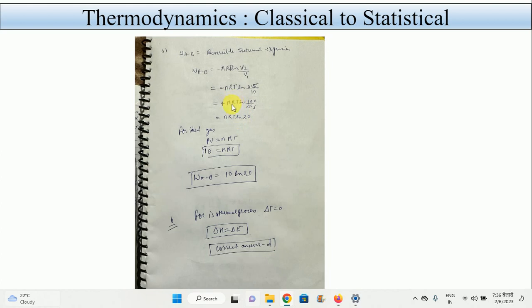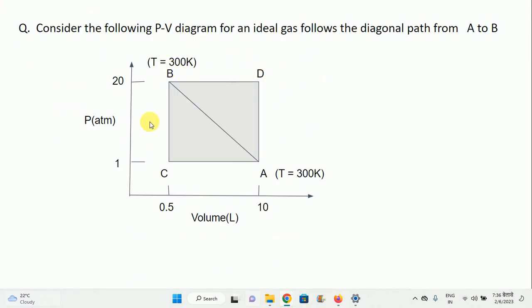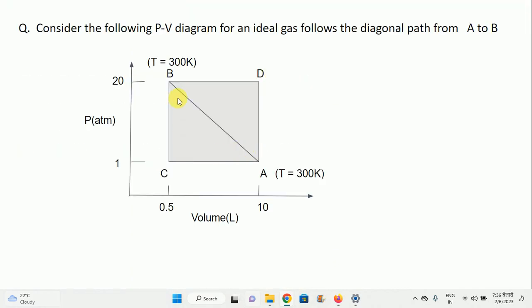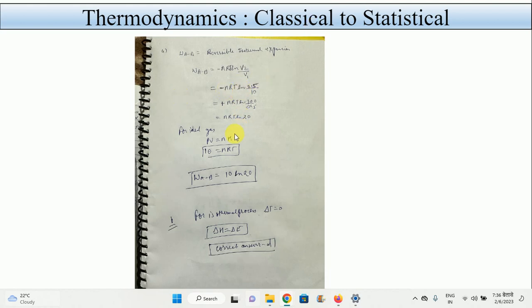We are doing this because they do not give any value of n, number of moles. So we do not know n, so we have to convert this nRT into some known quantity. That is why I am converting it into PV terms, since we know P and V only.